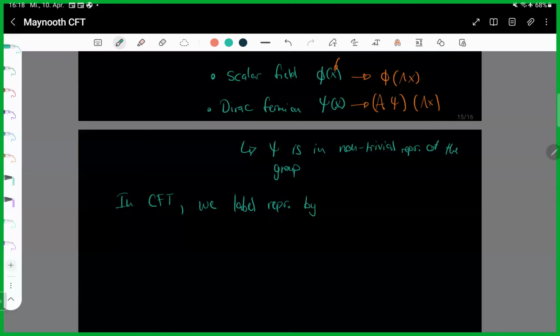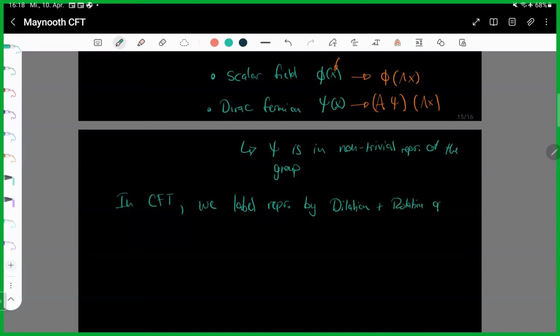That means we label fields by the dilation and rotation operator.